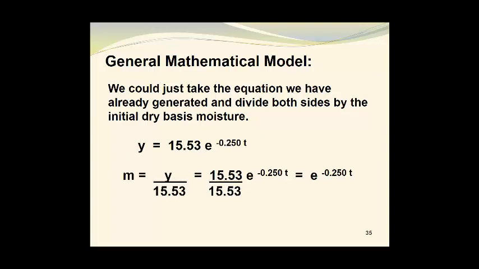We would then have m is equal to y divided by 15.53, and we will divide the 15.53 by 15.53, which gives us a value of 1, and multiply that by e raised to the minus 0.250t.